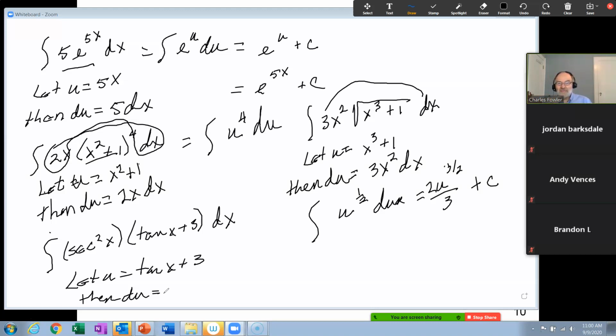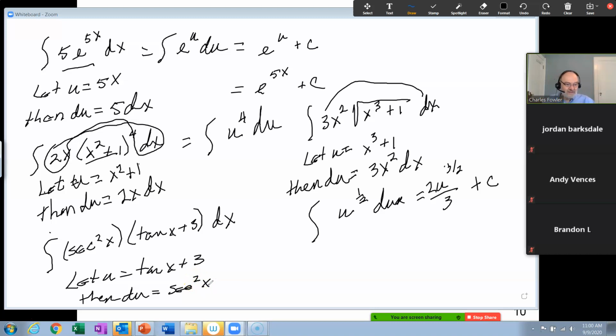Anyone remember what the derivative of tangent is? Oh, please say yes. Otherwise, I'm going to have to talk to your Cal 1 teacher. No, I'm just kidding. The derivative of tangent is indeed secant squared x.